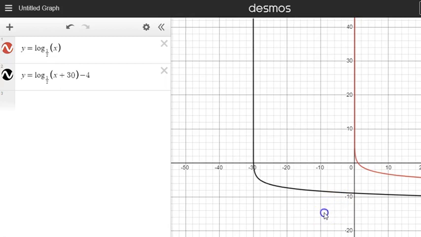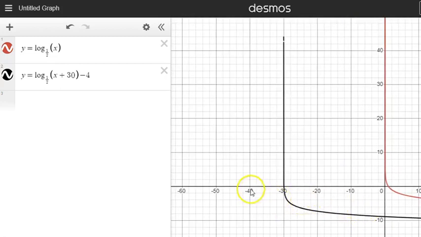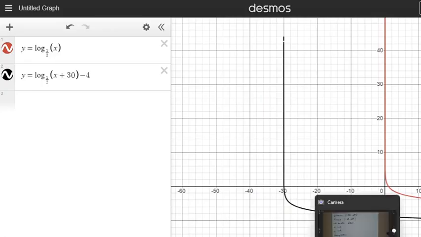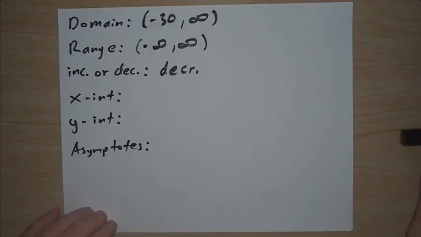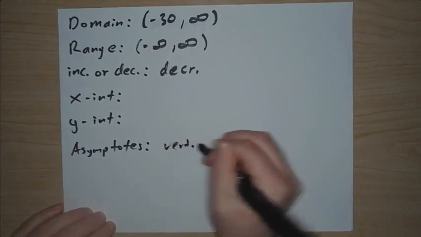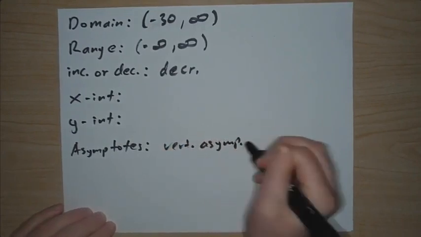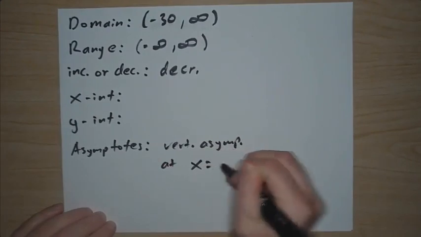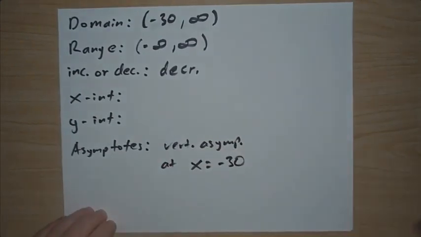So if we look at our asymptotes, we have, as I already mentioned, a vertical asymptote that moved when we transformed the function to the left 30 spaces. So we have a vertical asymptote at x equals negative 30. So for asymptotes, there is a vertical asymptote at x equals negative 30.